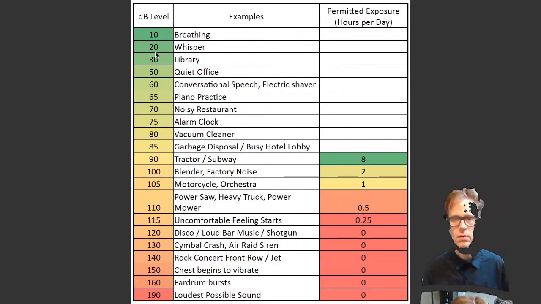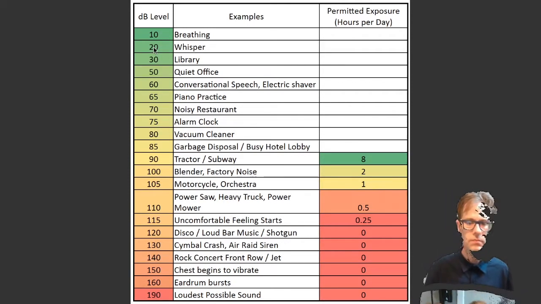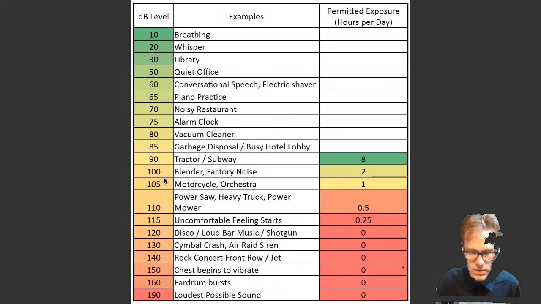So like whispering is 20 decibels. And as we go down the chart, we see some louder sounds. So here is like a chainsaw. Here, you know that old people made these charts when you see the word disco as an example of a loud sound. So a disco is 120 decibels.